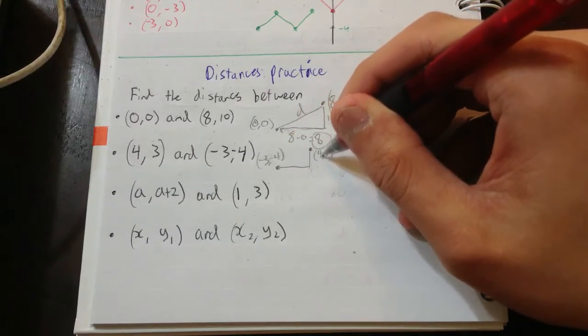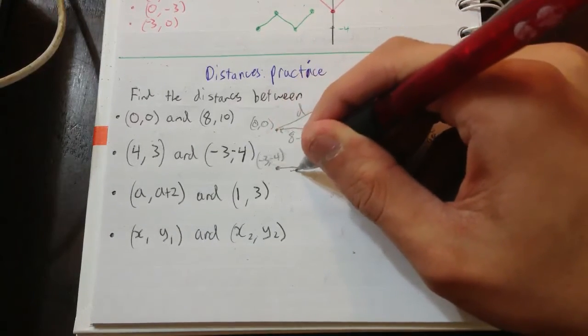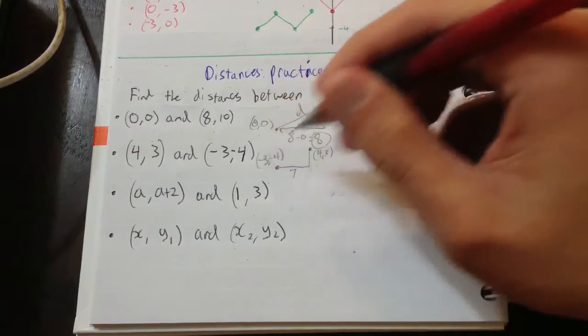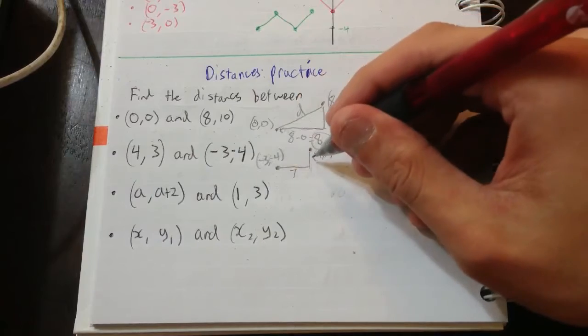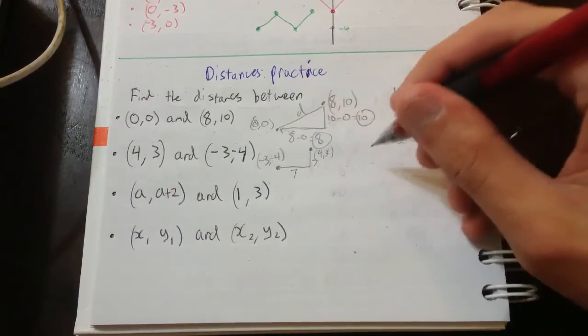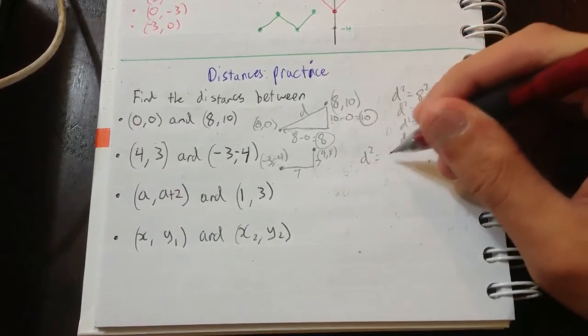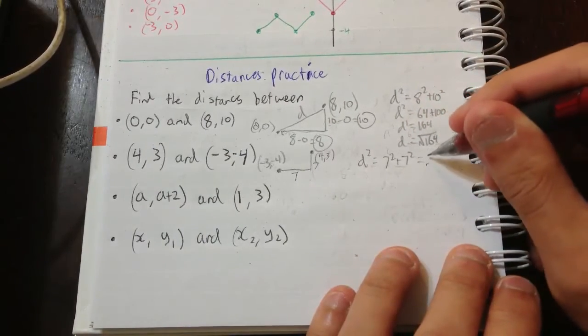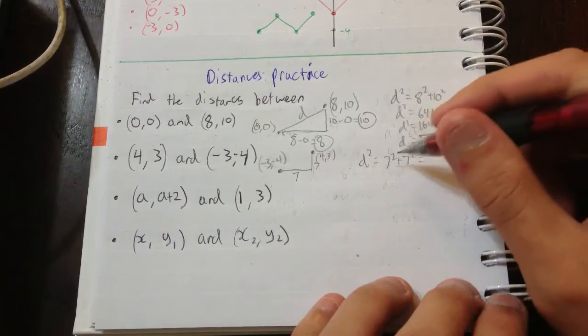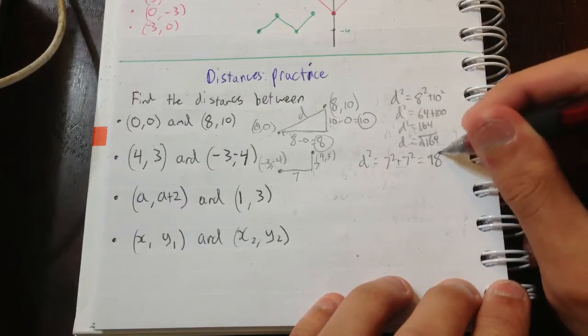Horizontal distance is 4 minus minus 3, which is 7, or 4 plus 3. Our vertical distance is 3 minus minus 4, or 3 plus 4, and that's 7. So D squared equals 7 squared plus 7 squared, which equals 49 plus 49, which equals 98.